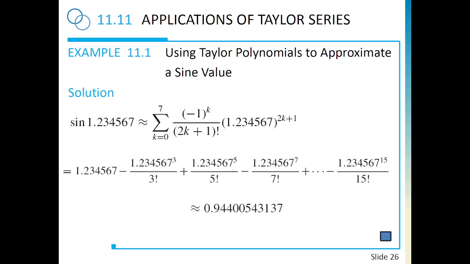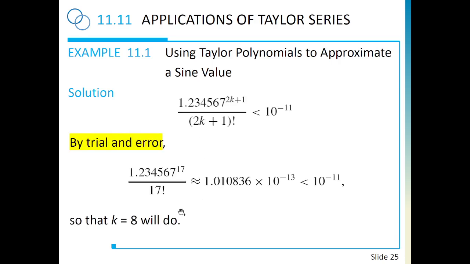Good. So what does it mean? Well, if I approximate the value using the Taylor series, I need to use the polynomial with k up to 7, because the next term with k equal 8 is used for the error.